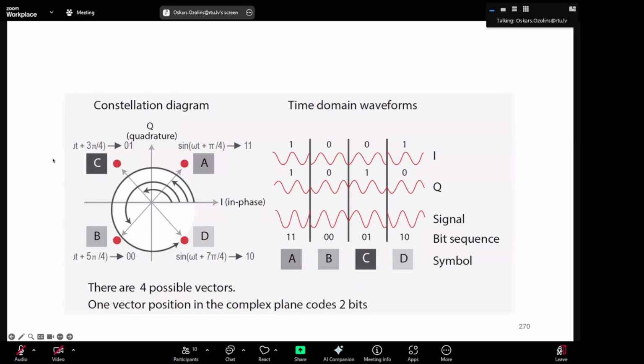So sorry, the picture has been cut slightly. Then you can see that each of these points, here you have 00, 10, 11, 01. So in total, 8 bits, and that could be transmitted.